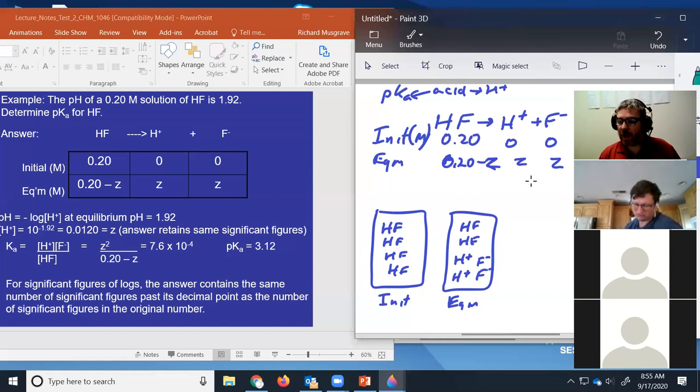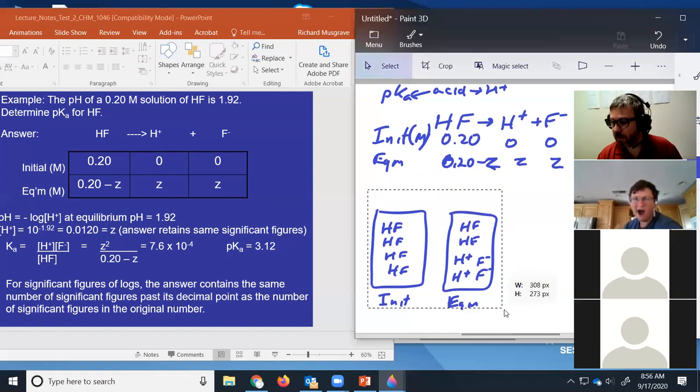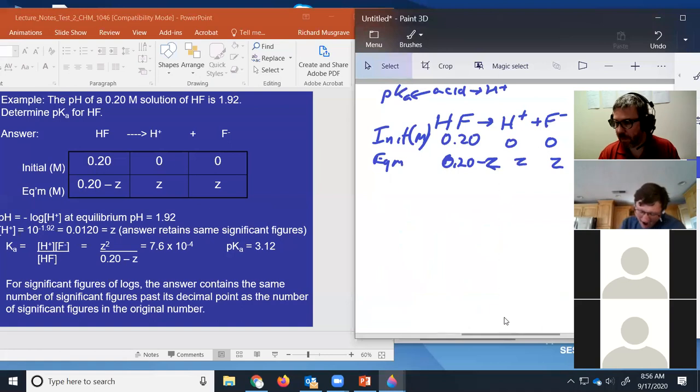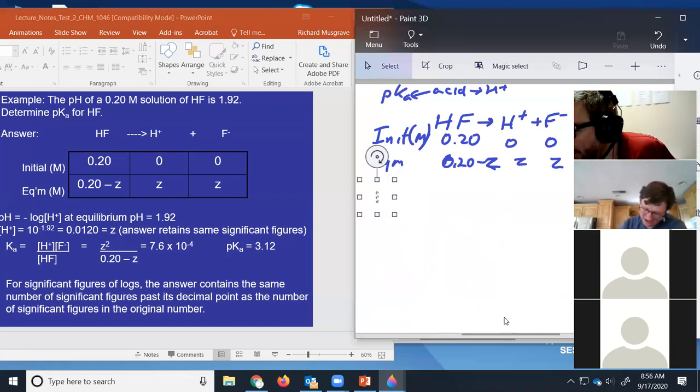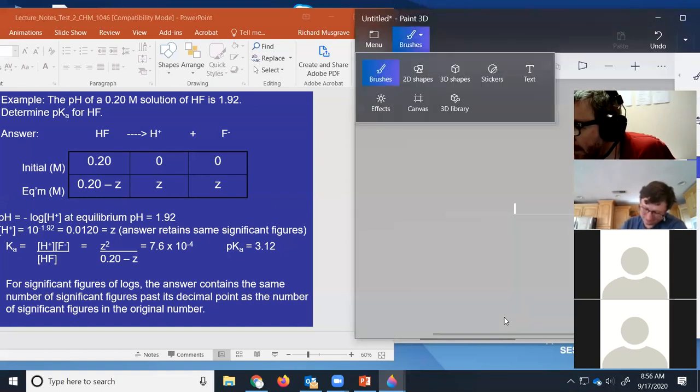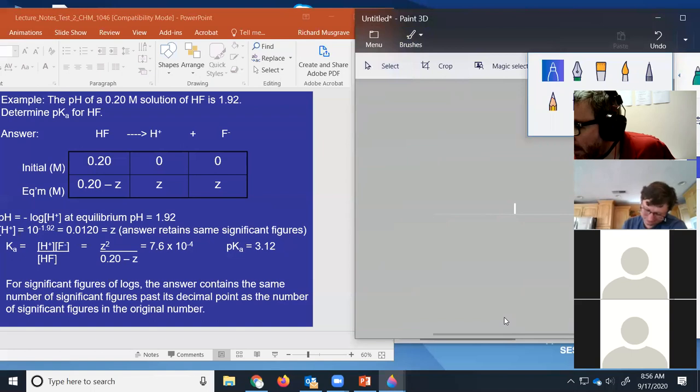Now, in order to get the Ka value, we do have an equilibrium constant expression that we can come up with for this. And that is that Ka, whoops. Well, what happened?